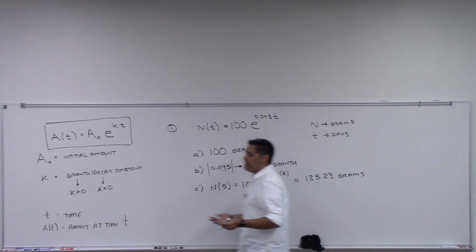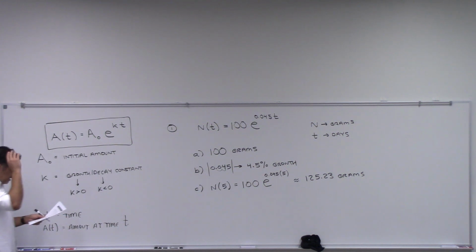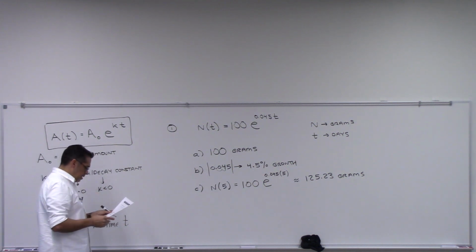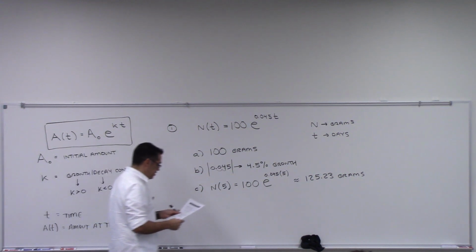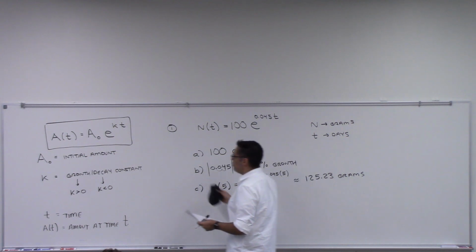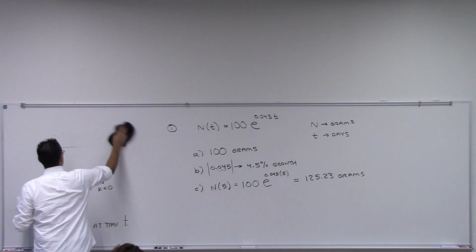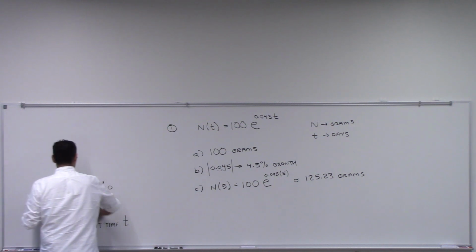Okay, part D is going to be, I guess, the hardest part of this problem. So for parts D and E, part D says, how long will it take for the population to reach 140 grams? Now that's different than what we were just asked, right?